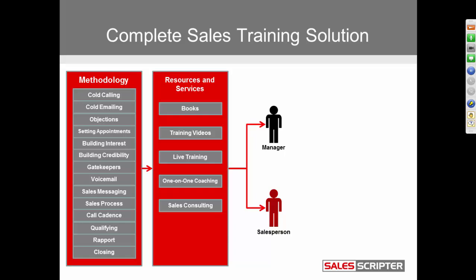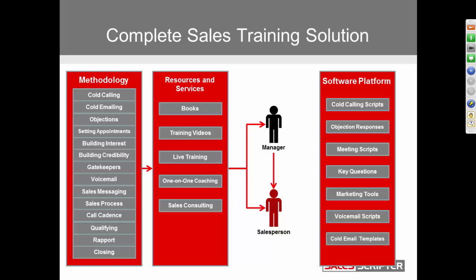Sales managers digest and consume our methodology as well, sometimes in more formal purchased ways, and they push that down to their sales team. We give away a lot of the methodology for free through YouTube and these webinars, because we think that if you really love our stuff, you will end up using our software as well, because it completely aligns with everything in our methodology.